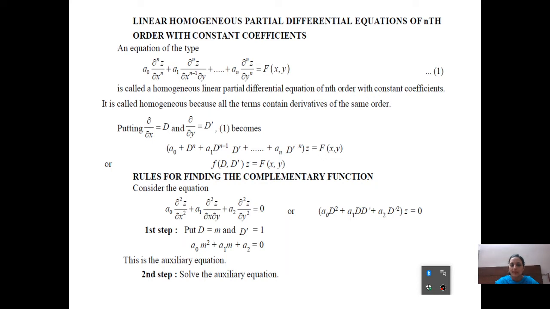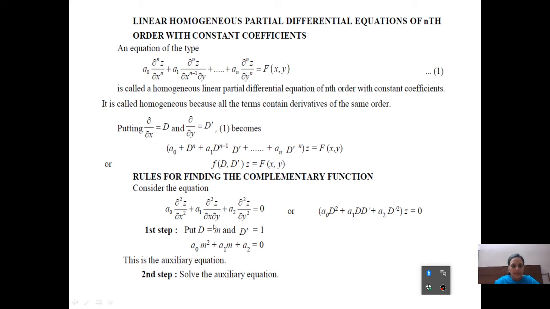First is CF and second is PI, that is complementary function and particular integral. Complementary function will be obtained according to the differential equation that is placed on left hand side, and particular integral will be solved for the function that is placed on right hand side. So first we are going to discuss over here only the rules for complementary function.